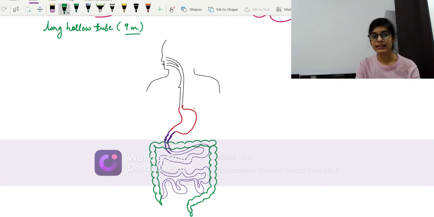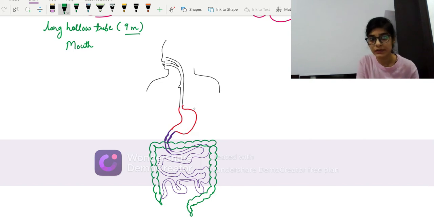So if we look at the alimentary canal, this is our mouth, right? This mouth is surrounded by lips. We all have lips and we all have a mouth. If we enter into our mouth, there is a cavity, an open space.